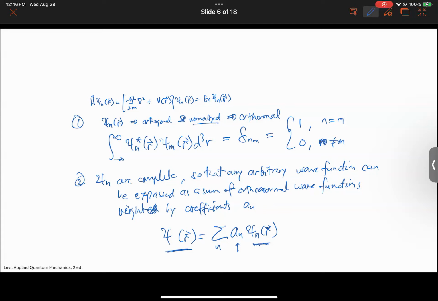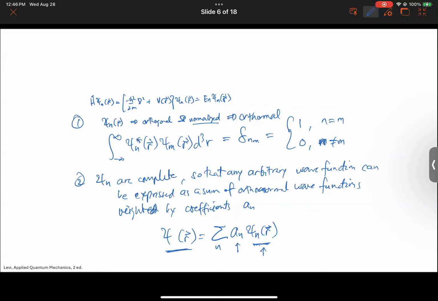We'll understand this better later when we start to discuss examples. That A sub n leads to the probability that a particular state will be found.